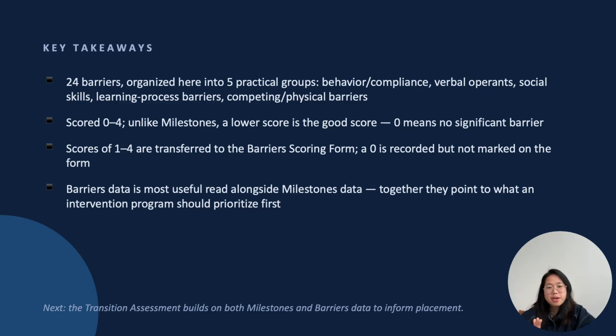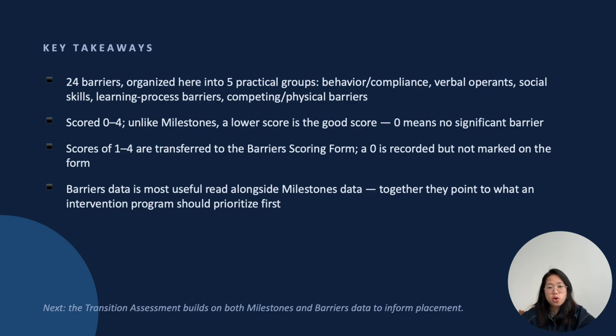Okay, to recap, the barriers assessment covers 24 learning and language barriers, which we've organized into 5 practical groups for training purposes: behavior and compliance, absent or defective verbal operants, social skills, fundamental learning process barriers, and competing or physical barriers. It's scored 0 to 4, and unlike the milestones assessment, a lower score is a good score. 0 means no significant barriers exist, and scores from 1 through 4 get transferred to the barriers scores form.